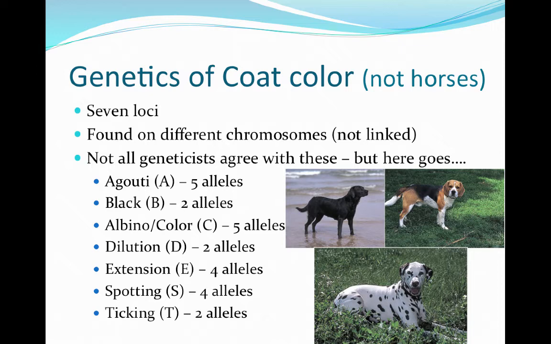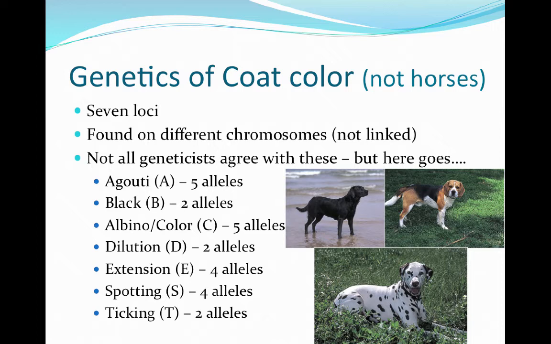When we think about general coat color, like in dogs, there are really 7 different loci, or 7 different genes, that are going to affect the coat color display pattern in the phenotype. Those genes are shown down at the bottom of this slide, and just realize that for every gene there are going to be multiple alleles.